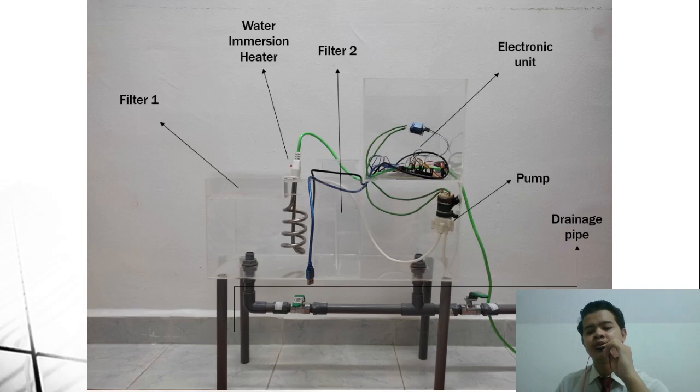The pump was applied to this project to make sure the circulation of water is achieved to ensure the purity of the water. The drainage pipe functions by flushing out the product of the waste cooking oil. As you can see, there are two valves.